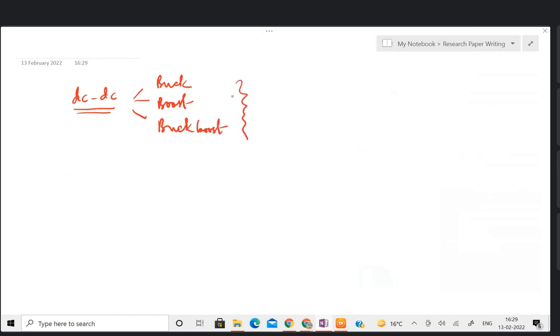Let me tell first of all. In the buck converter, the output voltage is normally D times V, Vo is D into Vin. In the boost converter, Vo is Vin by 1 minus D. And in buck boost, we have Vo equals D times Vin by 1 minus D. D is the duty ratio and it varies from 0 to 1.